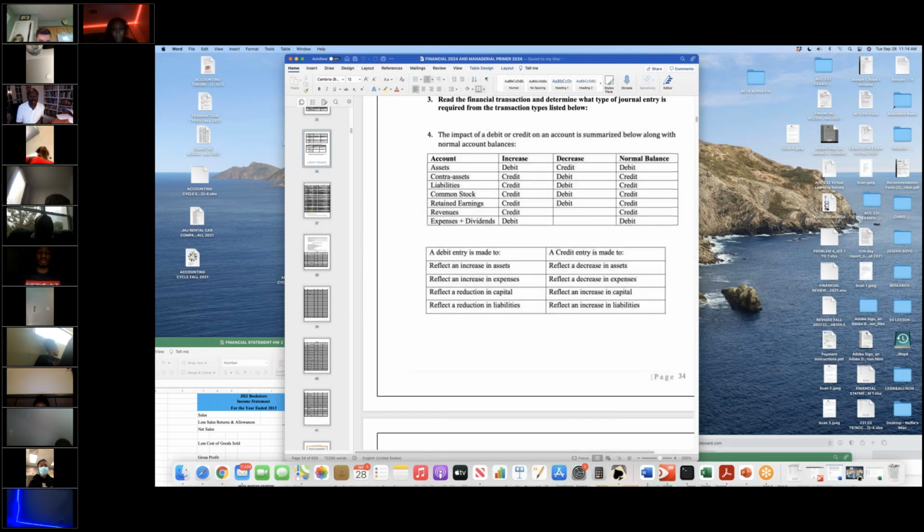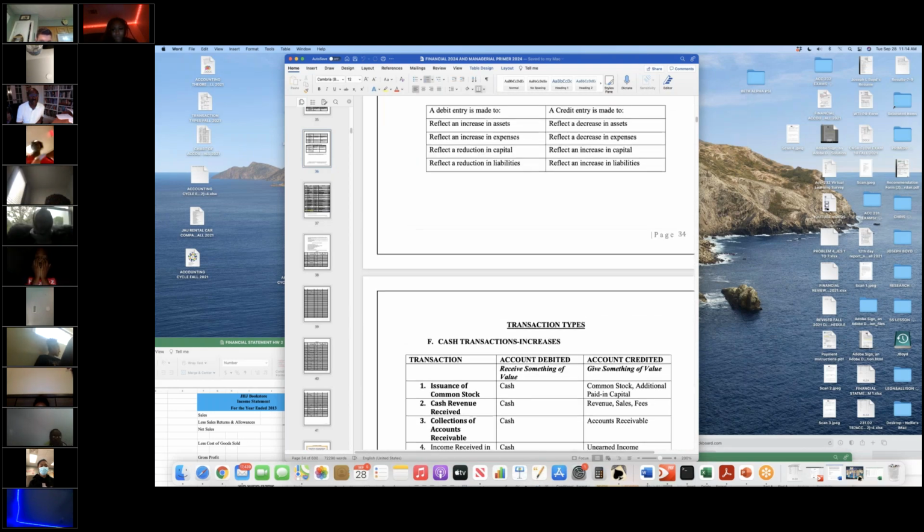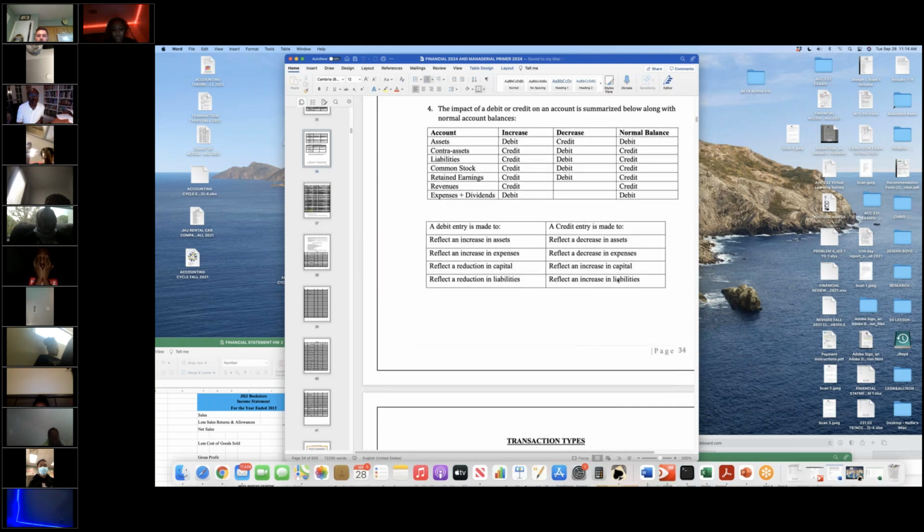And we said that in making journal entries, we have that accounting equation. And for assets, when the assets go up, we debit it. When it goes down, we credit it. Normal balance. Liabilities, when we credit them, they go up.